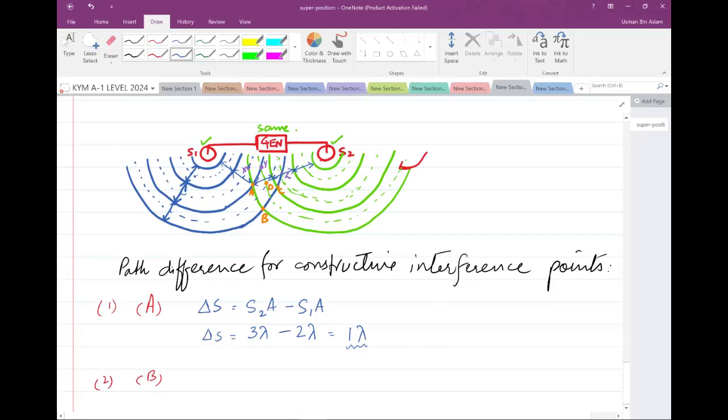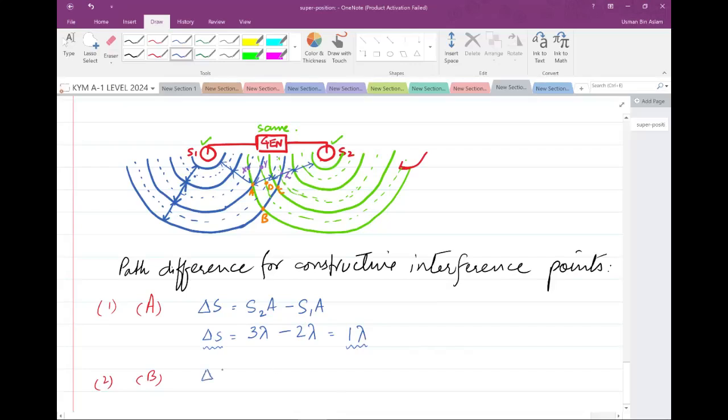I have indicated with the blue double-headed arrows that the length from S2 to A is going to be 3 times the wavelength. Do you see that? Yeah, I can see 3 wavelengths. Similarly, for S1 to point A, you can see 2 wavelengths. That is why S1A is written as 2 lambda. So the path difference for point A comes out to be 1 lambda.